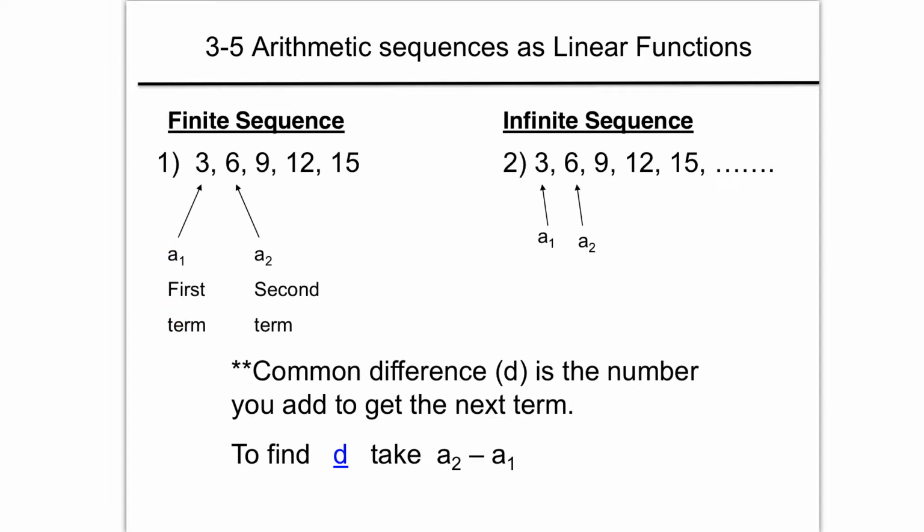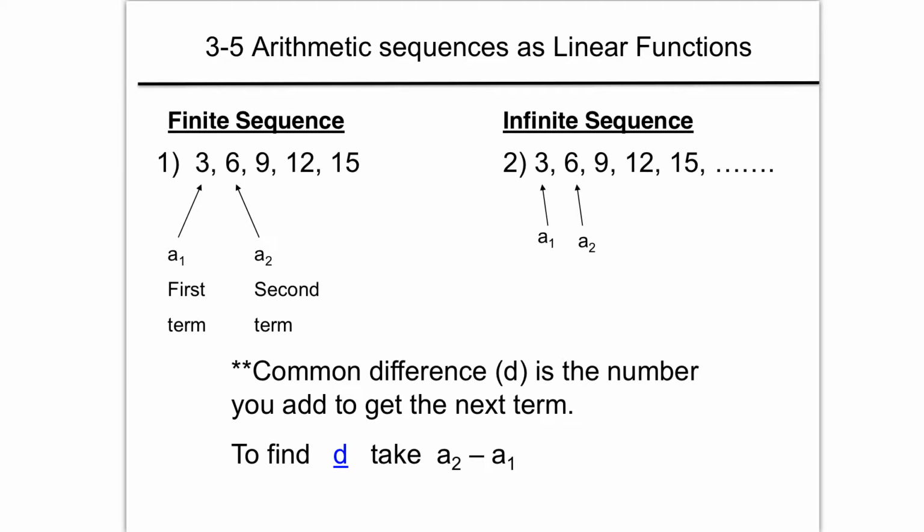That's a notation for the first number in the list. We say term instead of first number. A sub 2 means the second term. A sub 3 means the third term. A sub 4 means the fourth term, and a sub 5 means the fifth term. And if you have more terms, a sub 6 is the sixth term, and so on.